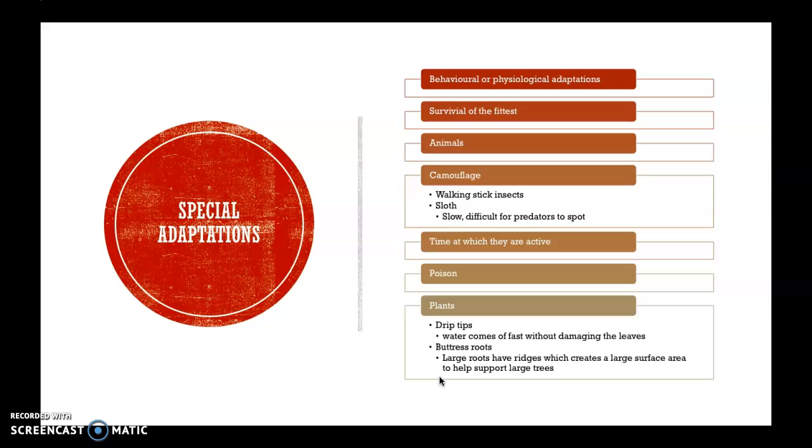Also poison: poison is one of the things that snakes use to paralyze their prey, so they have time to actually eat it or strangle it. They use poison as one of the ways to help them in the situation.